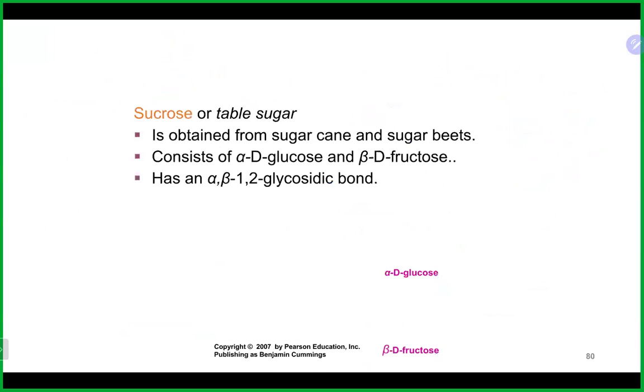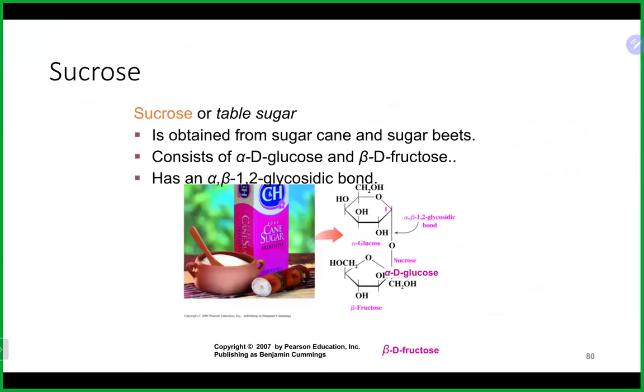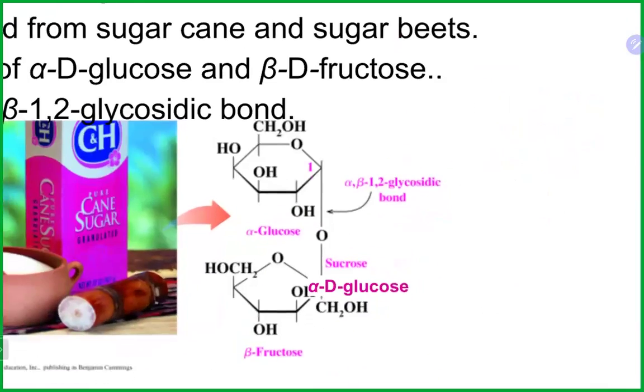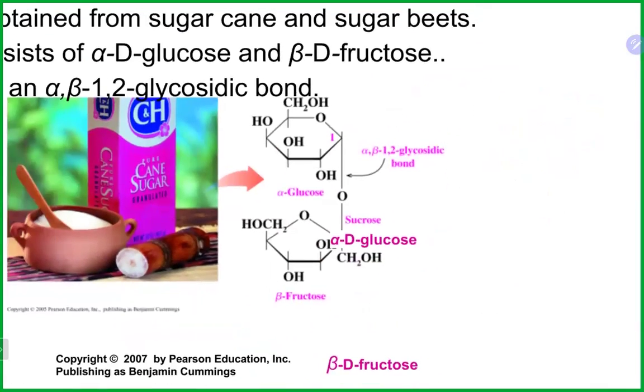The next one is sugar, which is sucrose. And sucrose is obtained from basically a glucose and a fructose. And this has a much different sort of connection than the other two. And you can definitely see the difference in the connection here when we look at it. And if we come down here, here it is.